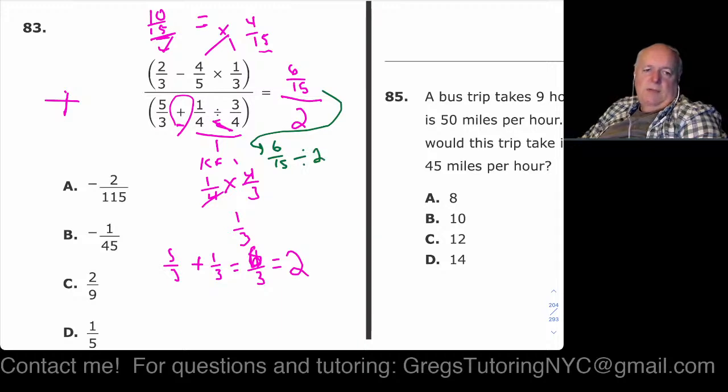And look what we have. We have the division by a fraction again. So we're going to have 6/15 times 1/2. I like to cancel out stuff, so 2 goes into here. That's 3, right? And I get 1, and I get 5. Okay, so I get D, 1/5.